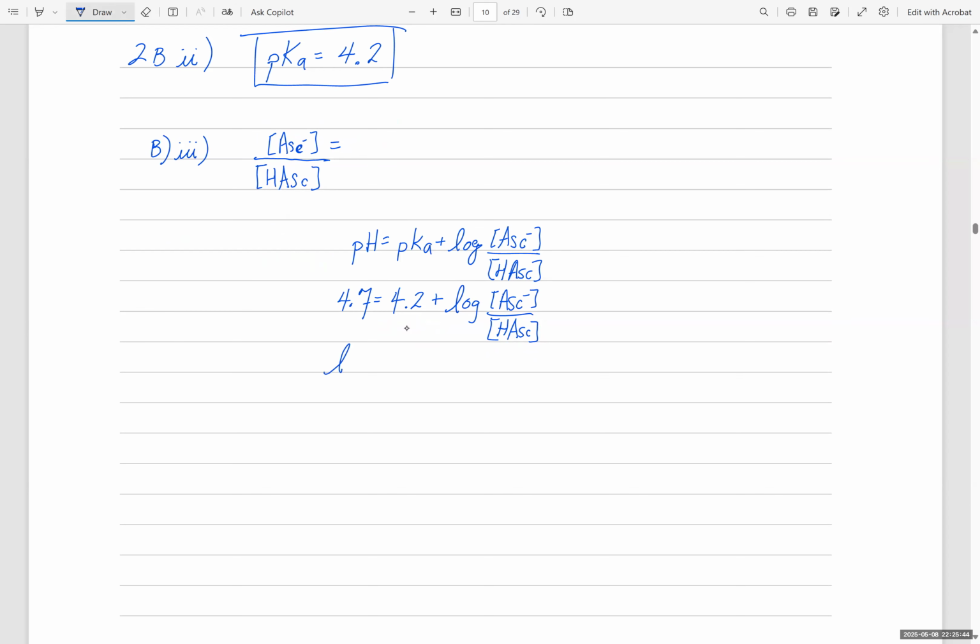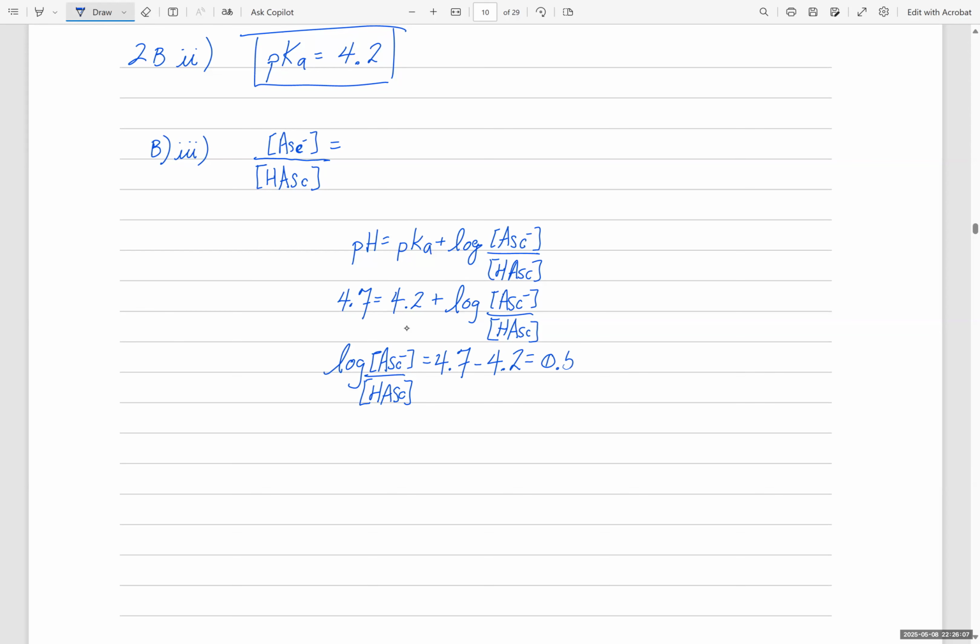we're going to get log of ASC minus over HASC, which is going to be equal to 4.7 minus 4.2, which gives us 0.5, right?